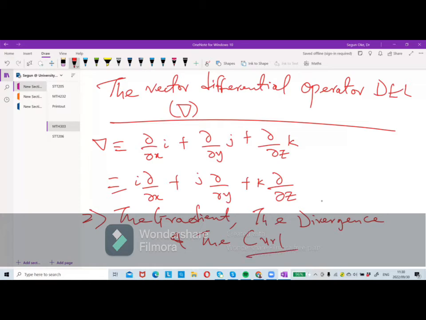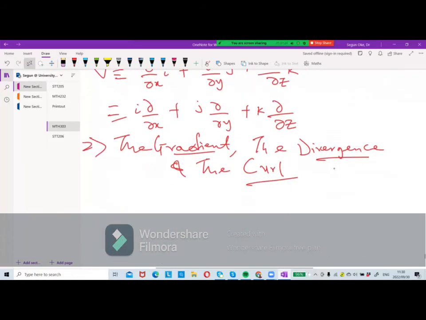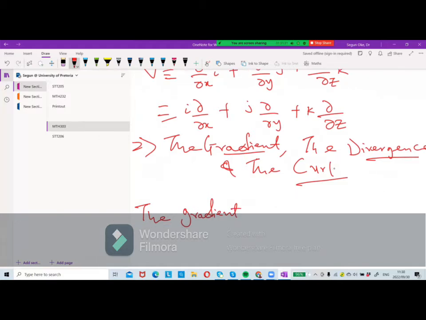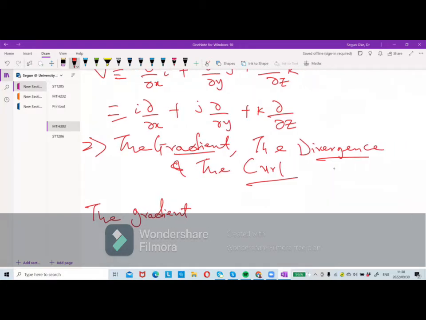Let me just put it there like this. Take note of that. So let's pick one after the other. We start with the gradient. I will go a little bit fast now. I will not give you too much definition.